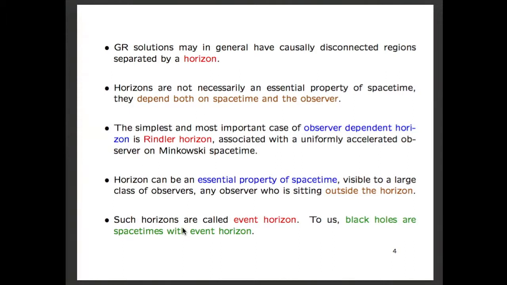And again, you know that in GR we have solutions which have horizons, which basically means that there are causally disconnected parts in the space-time, and horizons could be an essential property of the space-time, like event horizons, or they could be observer-dependent, like Rindler horizons.